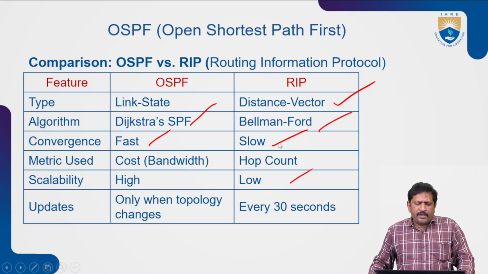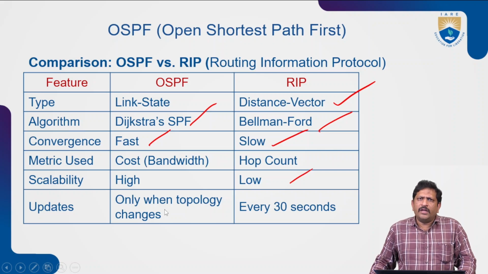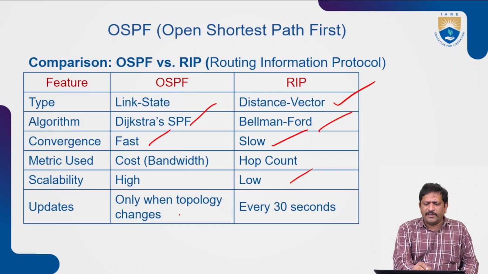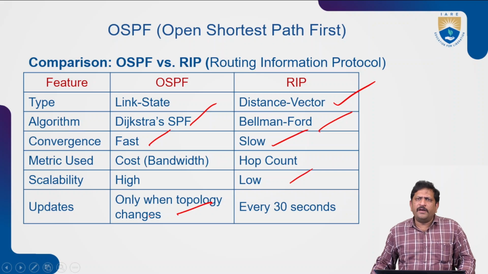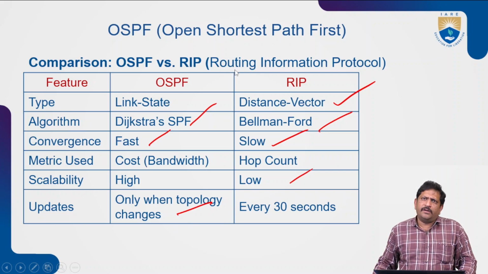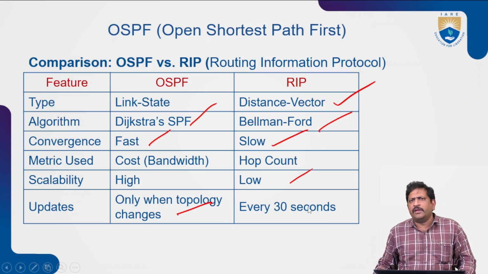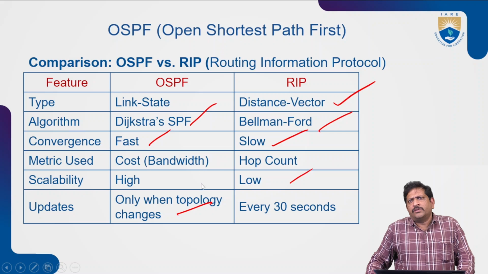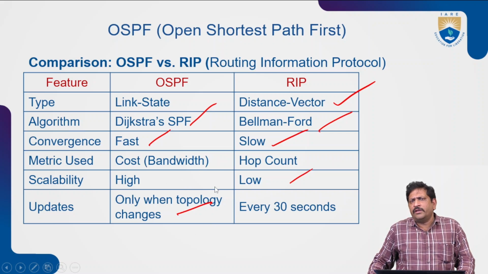As for updating, the routing tables in OSPF are updated only when the topology changes, for example in a mesh topology. If the network topology is not changed, the routing table is not updated.